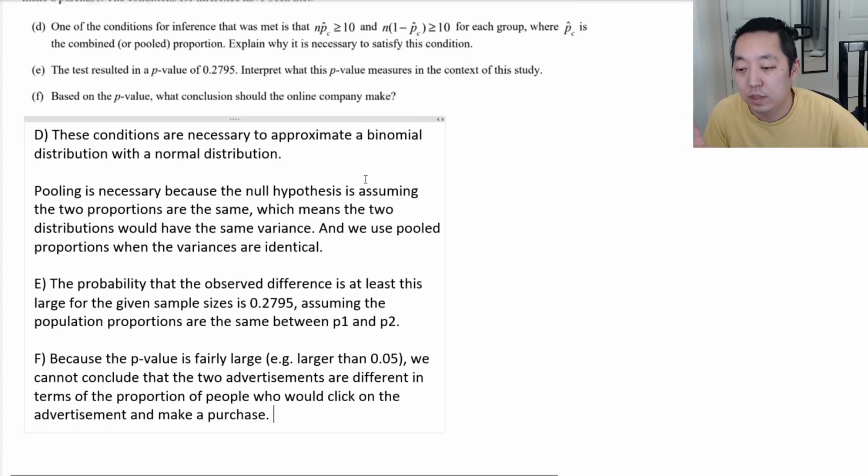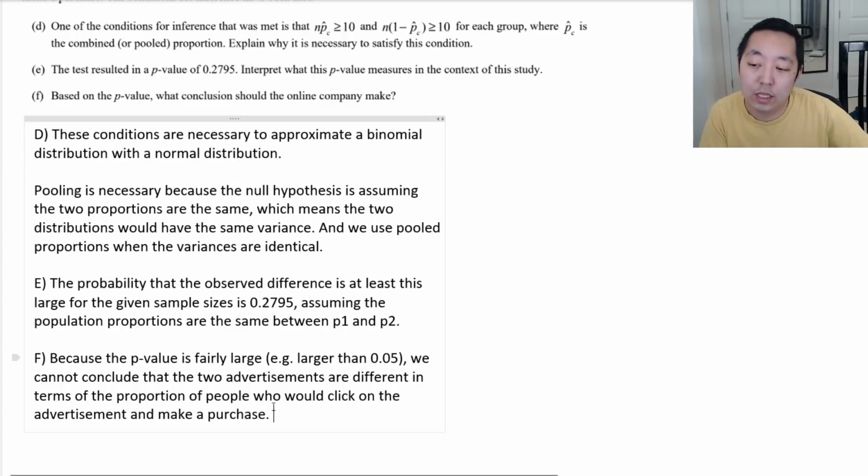So my conclusion is, because the p-value is very large, we cannot conclude the two advertisements are different in terms of proportion of people who would click on the advertisement and make a purchase. You cannot make any conclusion, really. The only conclusion you can say is there's not enough evidence. You cannot say that the proportions are the same. That would be incorrect to state, because you cannot prove something like that.